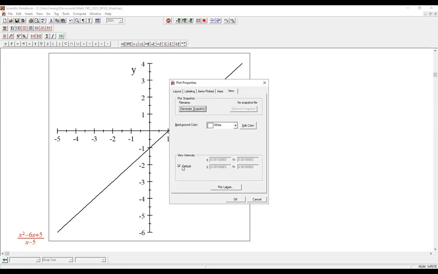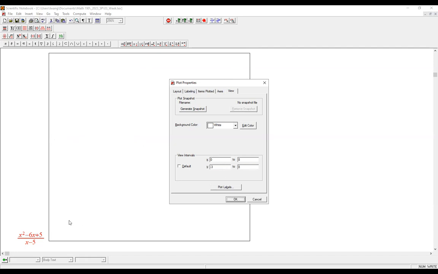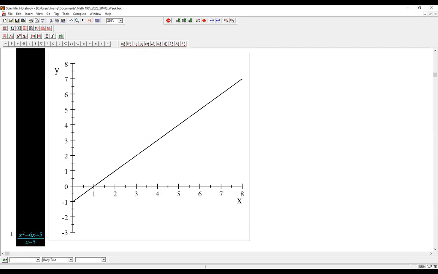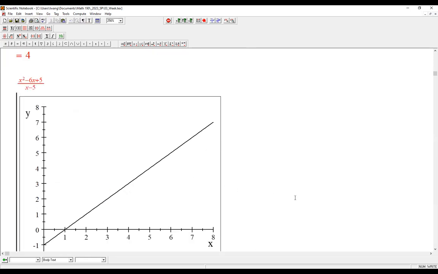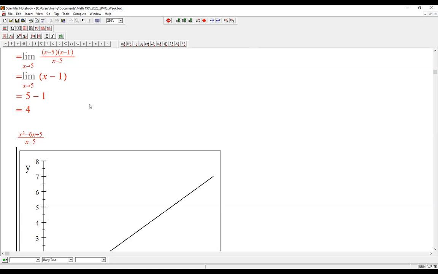I'm going to make some changes to the view. The neighborhood is 5 because x is approaching 5, so I'm going to make it include 5. Okay, so this is the function. And at 5, the function is not defined.